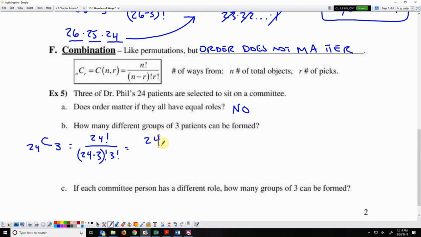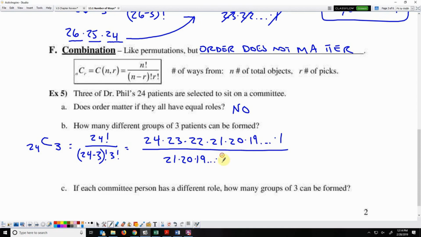So it's 24 times 23 times 22 times 21 times 20 times 19, all the way down to times 1. Over 24 minus 3 is 21, so 21 times 20 times 19, all the way down to times 1, but also times 3 factorial, so times 3 times 2 times 1.